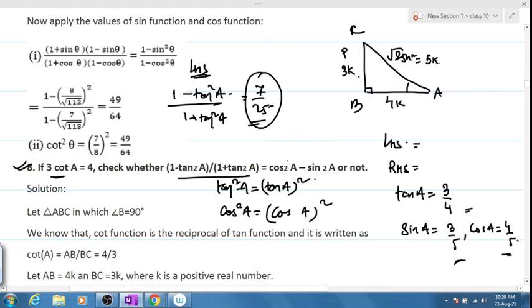16 minus 9. Go on to find the value for RHS. RHS will be cos square A minus sin square A. Or simply you could write cos A whole square minus sin A whole square. Tell me the value for this.